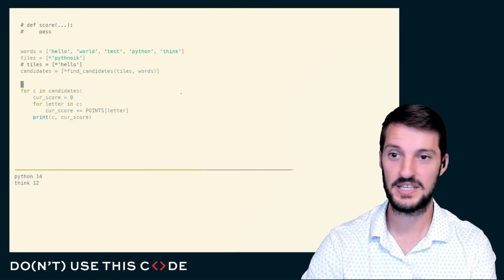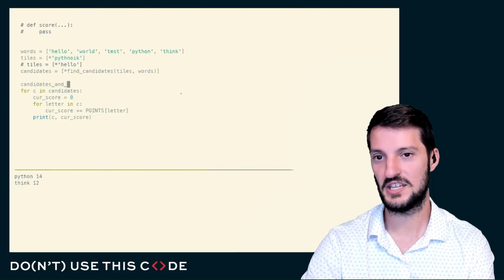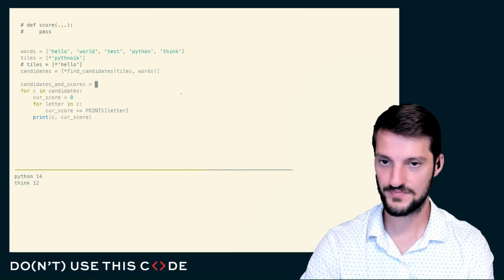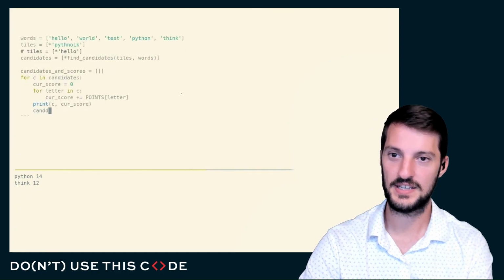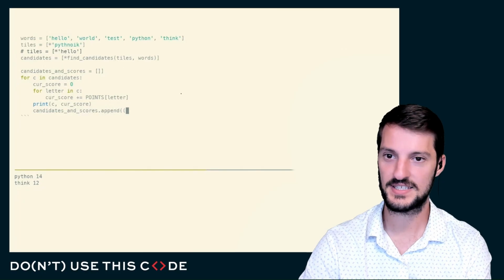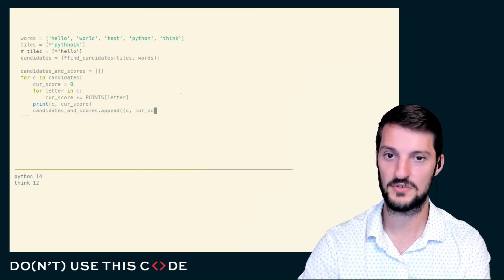I could do something a little clumsy like this: candidates and scores, create an empty list, and then say candidates and scores dot append, and we'll append a tuple here, the candidate as well as the current score.